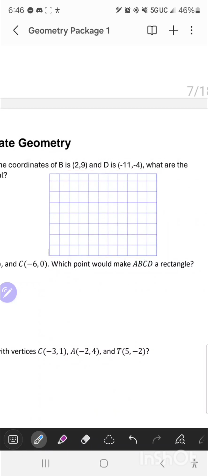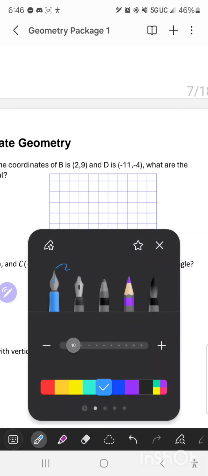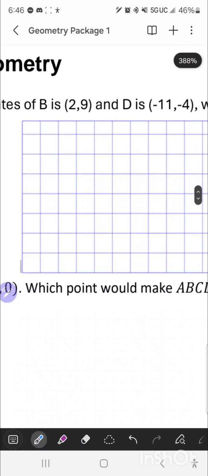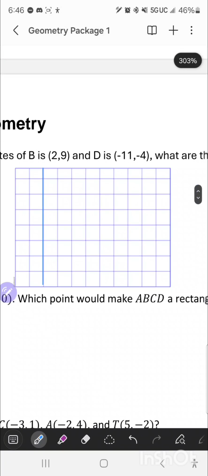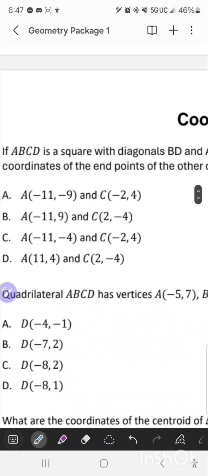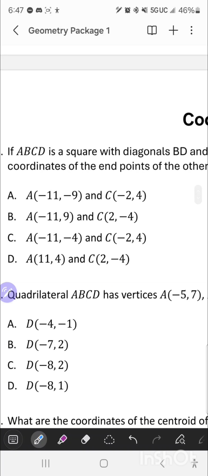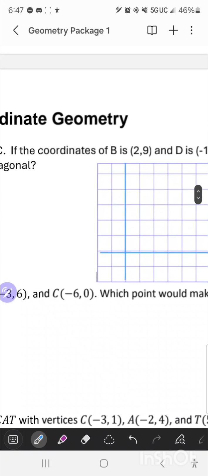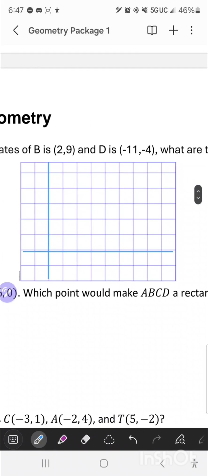Now it looks good. I'm just going to make each square worth two. I need both positive and negative. Like this is negative 11, negative 4.